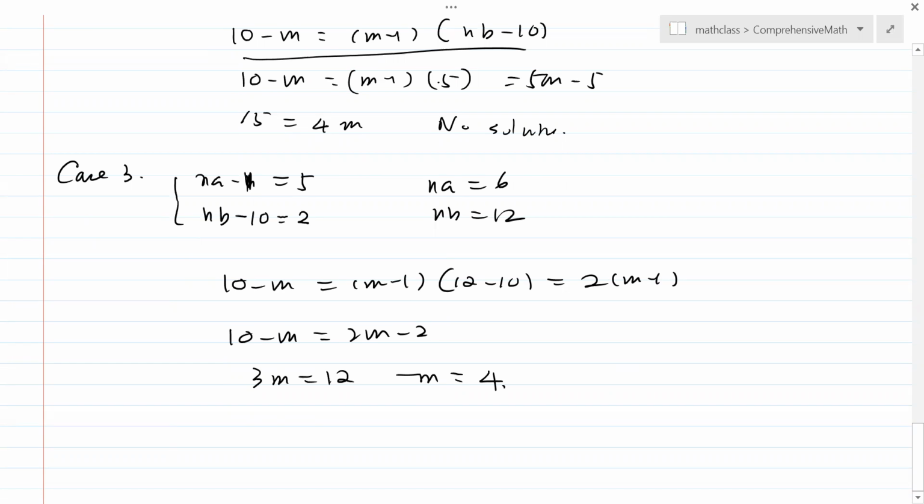Since m is 4, we can find the possible values for a, and we just need to find out na equals 6 and nb. But how do we find the possible value for n? Then you go back to the original equation. M is determined, that's great news.